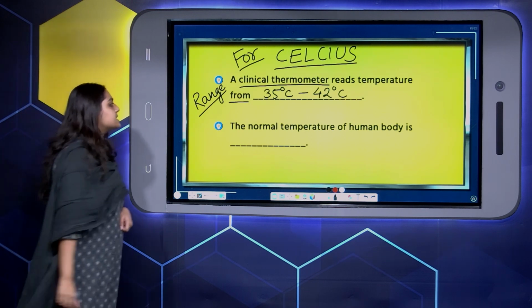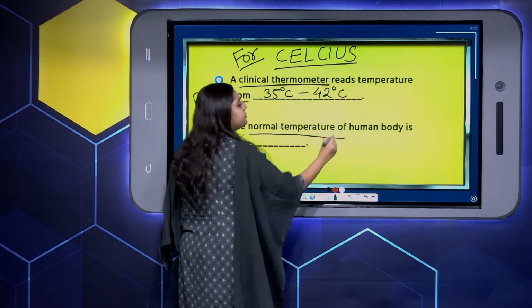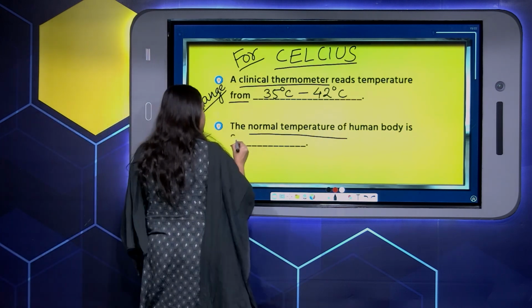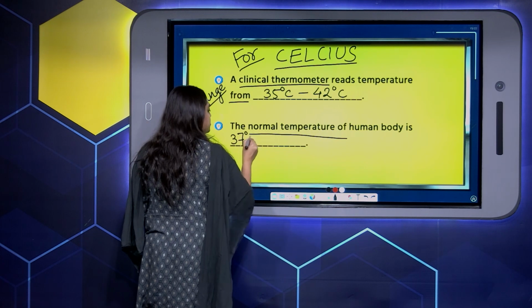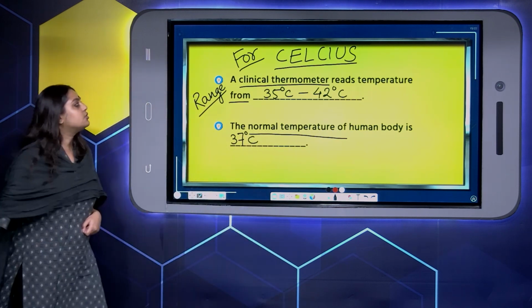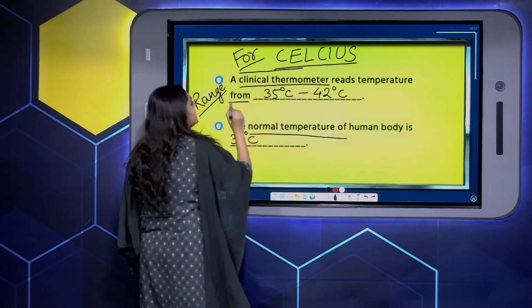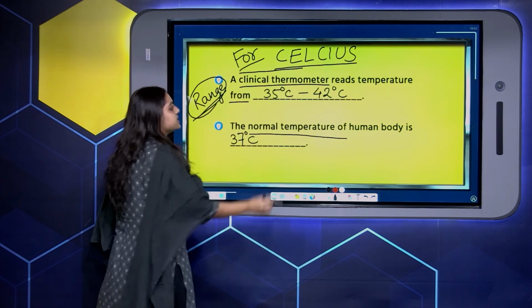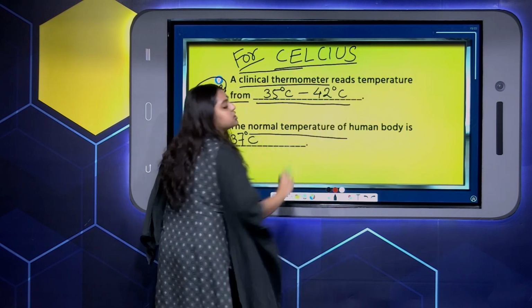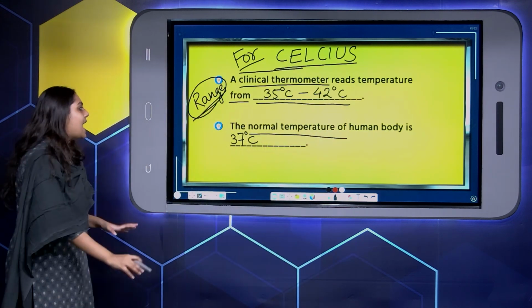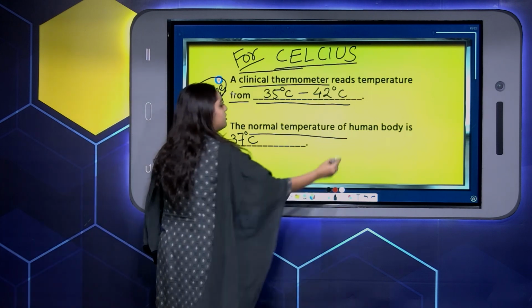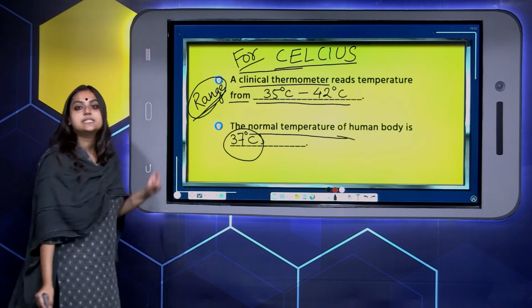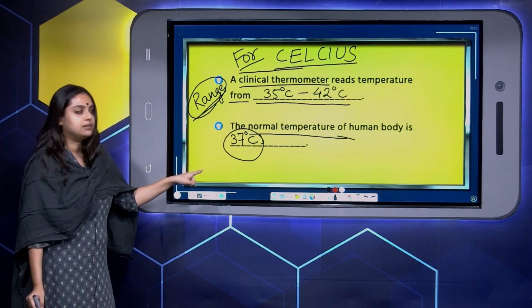And what is the normal body temperature in Celsius scale? It is 37 degrees Celsius. So for Celsius scale, the range of temperature in a clinical thermometer is from 35 to 42 degrees Celsius, and the normal temperature of body is 37 degrees Celsius in Celsius scale.